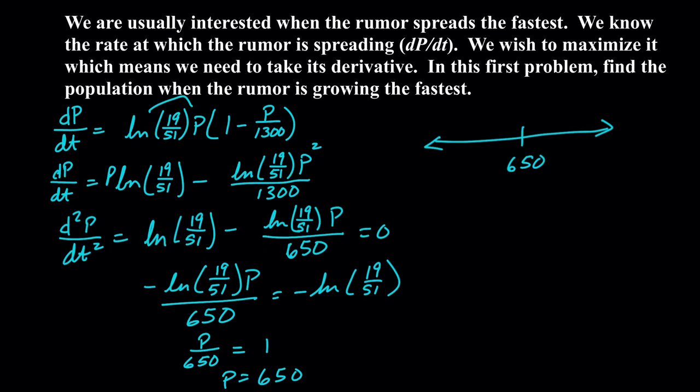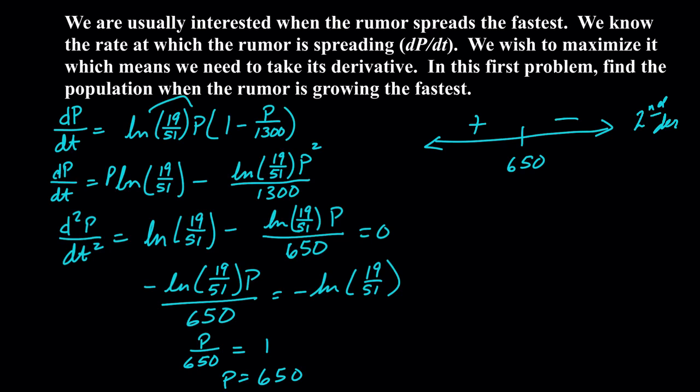Therefore, you're going to get a negative value, and smaller numbers are going to give you a positive value. So this is your second derivative sign chart. That means your second derivative changed from positive to negative, which means your first derivative is reaching a relative maximum when 650 students have heard the rumor.